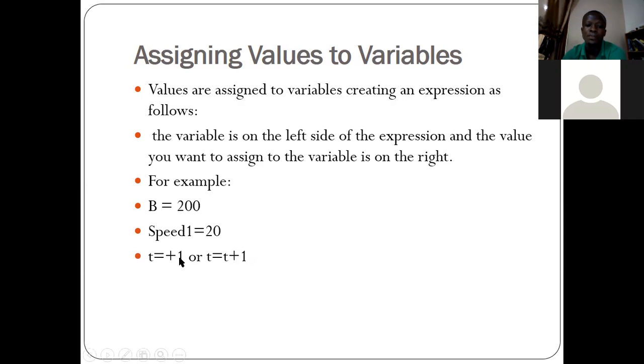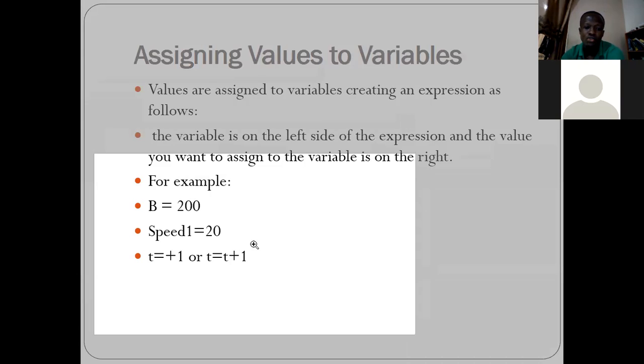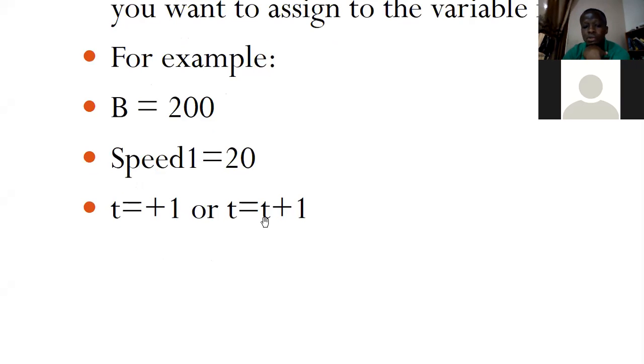So t equal to t+1 is a way of writing t equal to t plus 1. Like I said, this is the only place in programming where we can actually do this. It cannot be possible in math class. When you're teaching children in primary school, you can't write this.